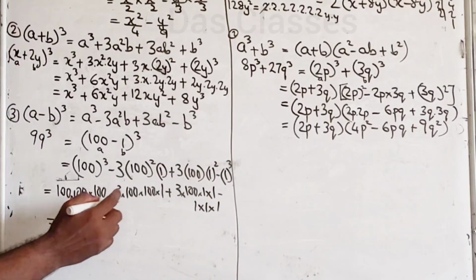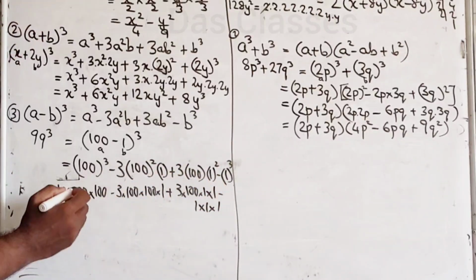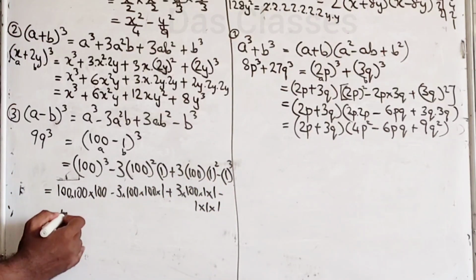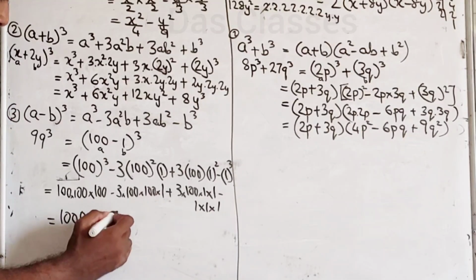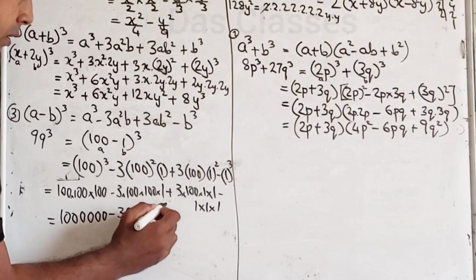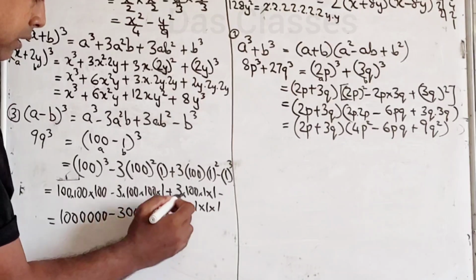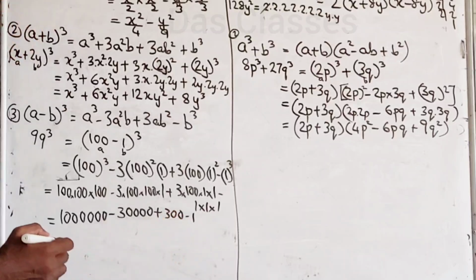So see, 1 cube means 3 times 1, so don't write 3 over here. So it's going to be 6 zeros, minus 3 with 4 zeros, plus 3 with 2 zeros, that is 300, minus 1.